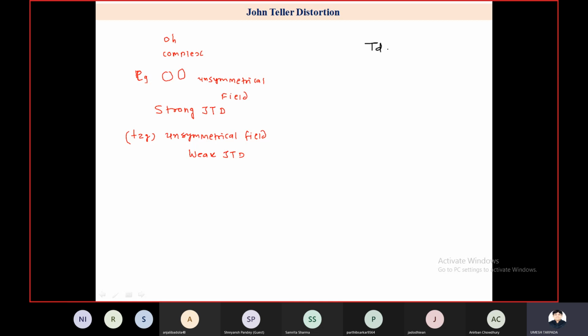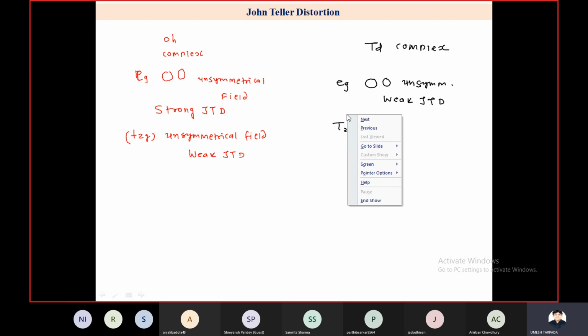But for a tetrahedral complex, what happens? For a tetrahedral complex, if the e orbital is unsymmetrically filled, then there is a weak Jahn-Teller distortion. And for the t2 orbital, of course there is no g symmetry label in tetrahedral geometry.